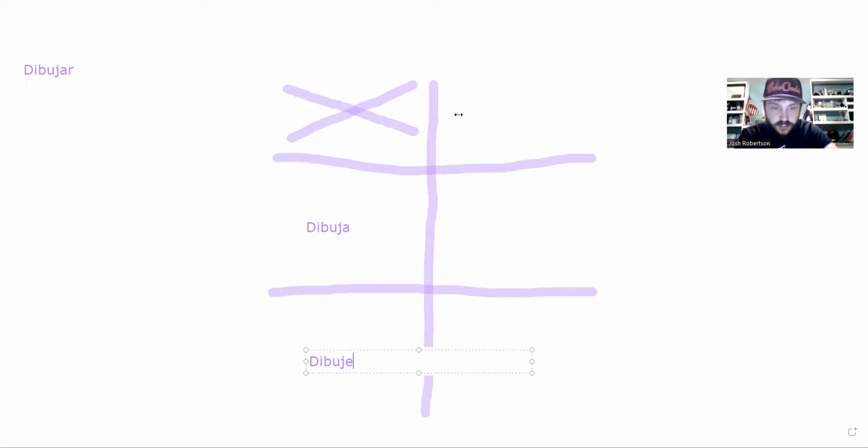Nosotros, nosotras dibujemos. Vosotros y vosotras dibujad. Ellos, ellas y ustedes dibujen.